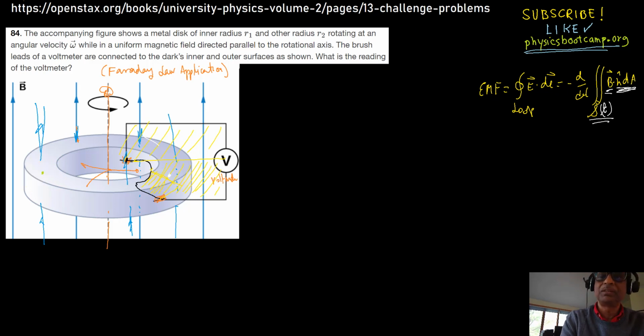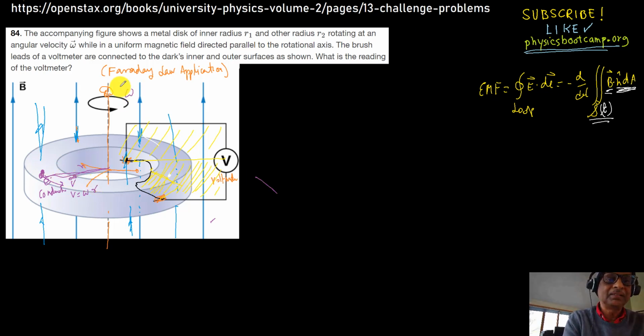So this is a point inside there. And if I look at a charge Q, say an electron, one of the conduction electrons in this metal, it has a velocity v in that direction, whose magnitude is omega times r, where r is the distance.